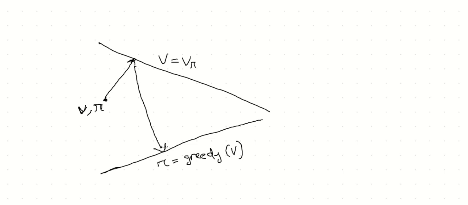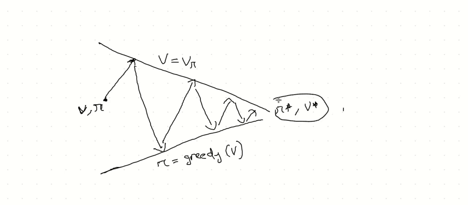And once we find this policy, the next thing we need to do is compute the value function for that new policy, and so forth. So these processes interact together until finally we have an optimal policy, which we denote as pi star. This is the best policy we could have under these conditions, and the optimal value function, which we denote as v star. This is just notation for optimality.